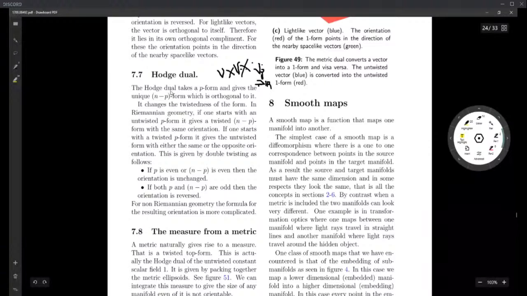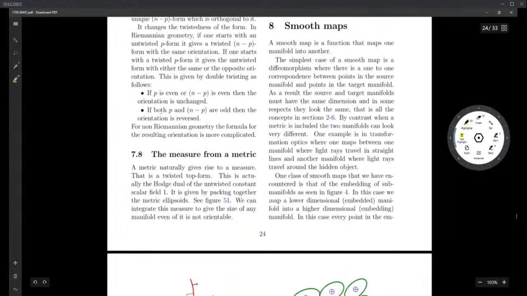It takes a p-form and it gives a unique n-p form, where n is the dimension of the manifold on which you have the p-form. And another thing is, it gives you this n-p form such that it is orthogonal or perpendicular to it.